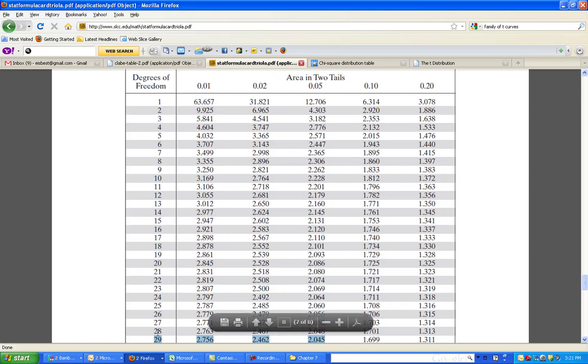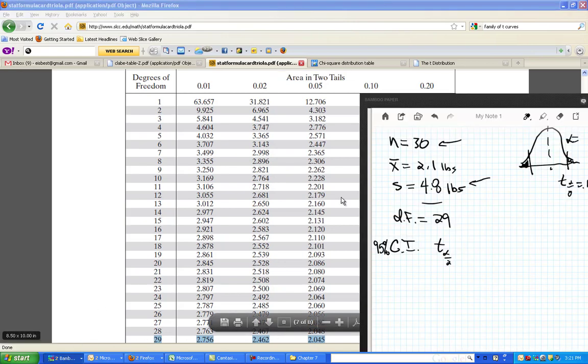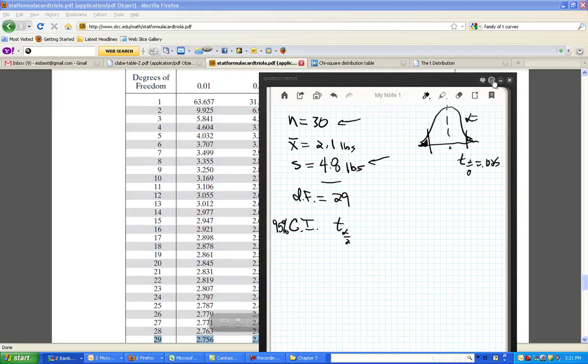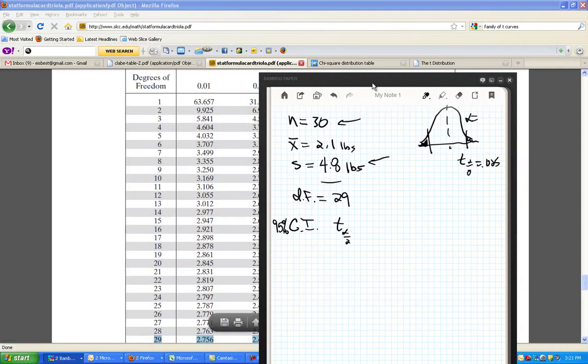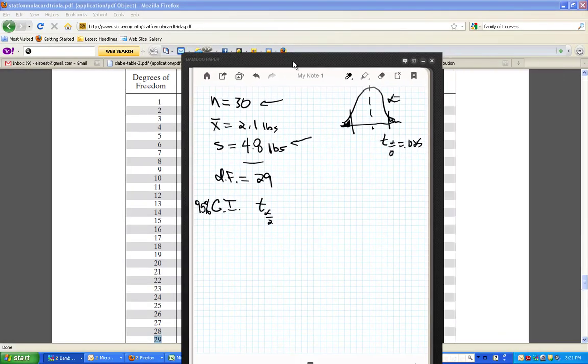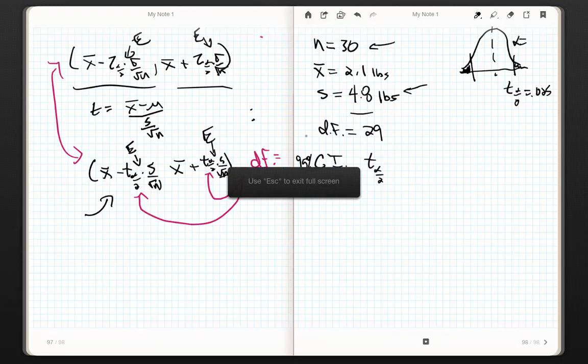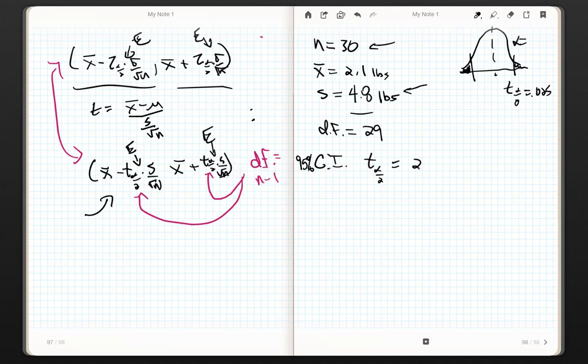So once I've identified this, watch what a no-brainer this is. What did it say? I forgot. 2.045. So when I do this, I know that t sub alpha over 2 is 2.045, and then it is identical. There is no difference.